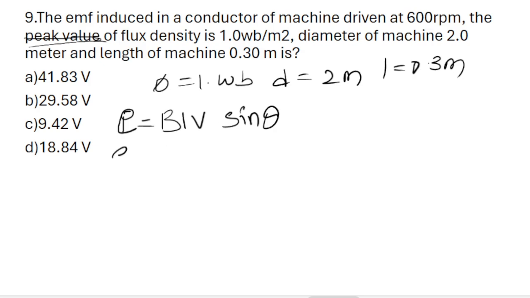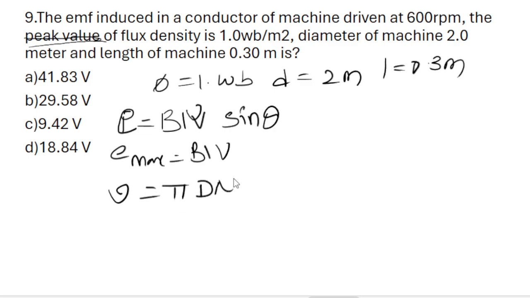So in this question, flux density and length values are already given, right? First, we determine the value of velocity. Velocity is defined as V is equal to pi D N. Here N is given in rpm, so 600 revolutions per minute.